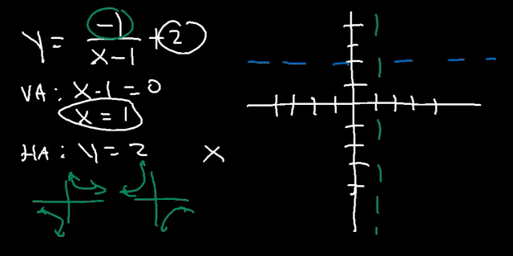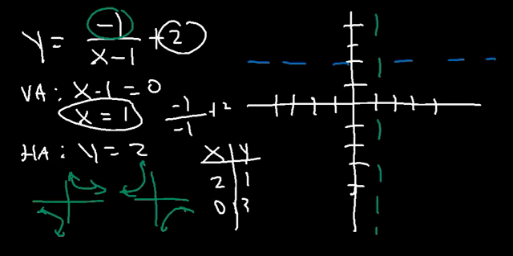So let's plug in points. Let's make a table. So I'm going to plug in 2 for x and 0 for x. 2 minus 1 is 1, but times negative 1, divided by 1 is negative 1, plus 2, so that's 1. If we plug in 0, it's going to be negative 1 over negative 1, plus 2, and we're going to get 3 if we plug in 0 for x.